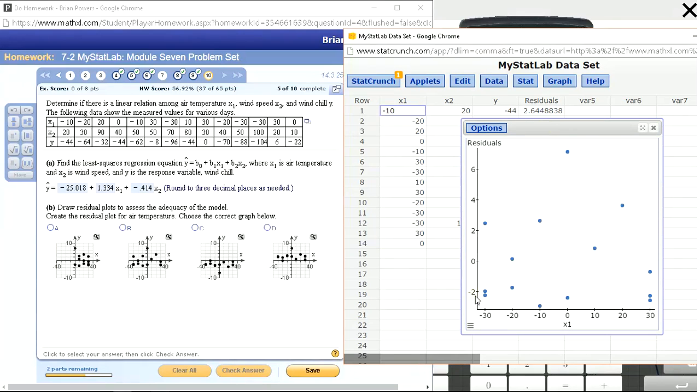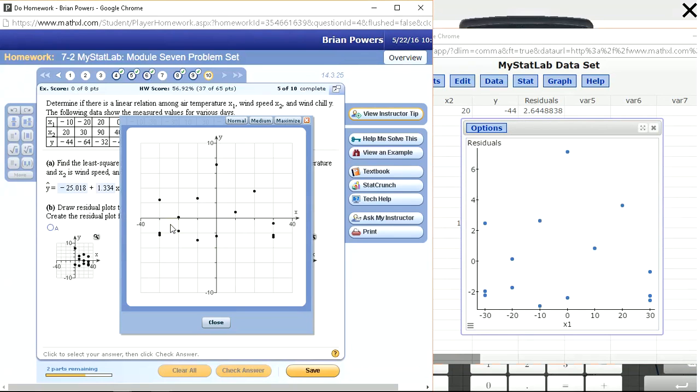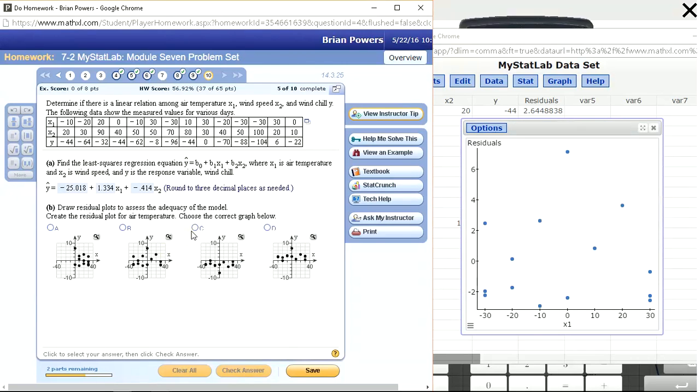Okay, so it goes from -30 to 30, and 0 is here, and we have that high point. It looks like this is the one. Let's just check it out. See, the 0 line is going across there. That looks good. This point is just below 8. So yeah, everything looks great here. This is the residual plot. Oops, that's the one.